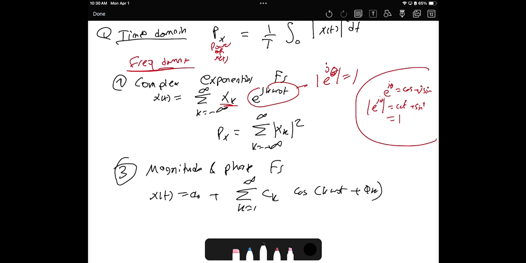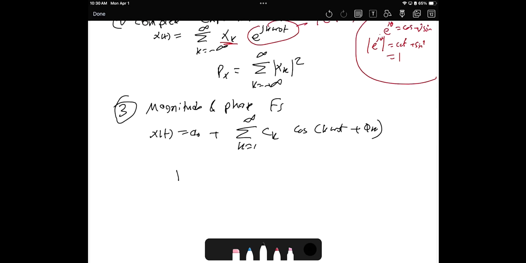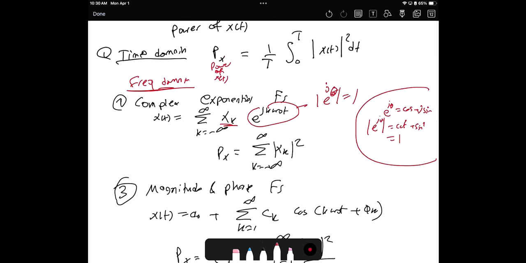So what's the power? The power here will be a naught squared plus the sum from k equals 1 to infinity of ck squared divided by 2. Okay? Let me box this.